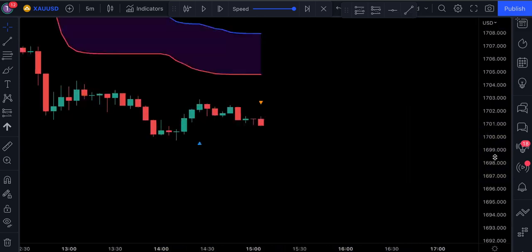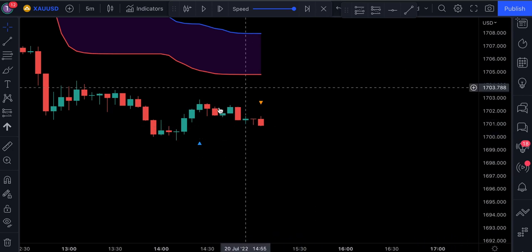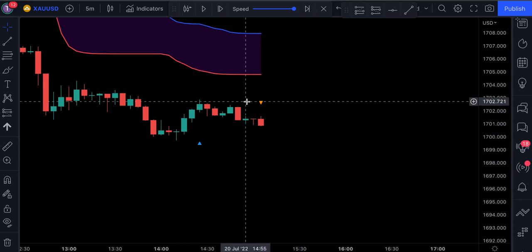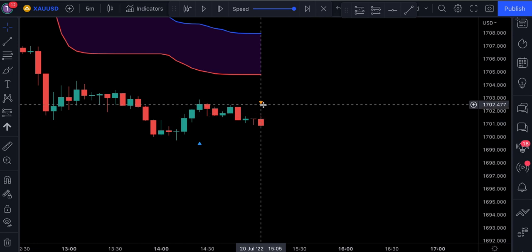Here's another example for a valid short entry. First of all, we see that the price action is moving below the cloud, and the extreme trend indicator printed a new orange triangle above the price action.